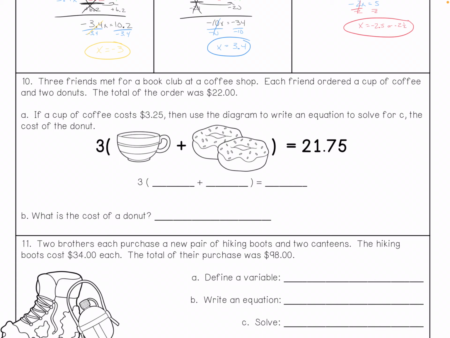If a cup of coffee costs $3.25, then write a diagram to write an equation to solve for C, the cost of the donut. So if we know how much the total was, we know how much each cup of coffee cost, and we know they all paid the same, then we can figure out how much each donut cost.